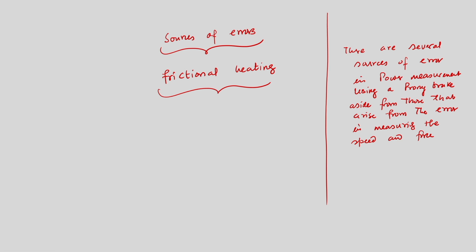If we try to recall, just 5 minutes back we have seen that we need to measure the speed separately, independently. When we are measuring speed independently using a tachometer, we will have measurement error. When we are measuring force, there also we will have measurement error. In addition to these measurement errors, we will also have the inherent error associated with the Prony brake for measuring shaft power, which is the frictional heating, right.